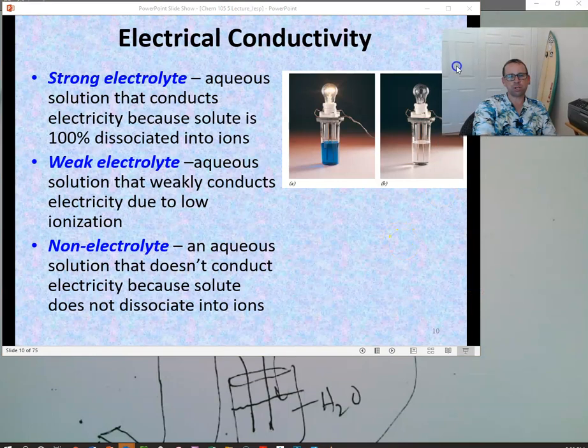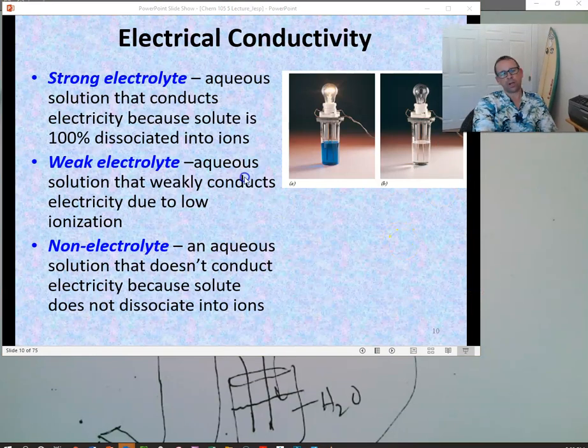Now there's a special word for a compound that will add conductivity to water when you put it in there. And that word is electrolyte. Electrolyte. Okay?